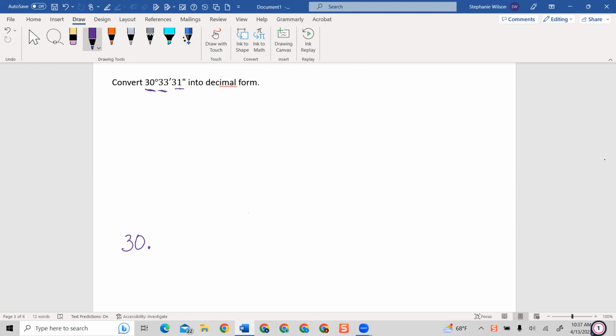You could do it all in one long line, but it could become messy and confusing. So if we just did it in parts, it'd be easier. So I know in 33 minutes, when I convert that to my degrees, I know that for every 1 degree, I get 60 minutes. The reason why I put minutes underneath is because I need these to reduce down and I need to have my power of a degree, not minutes.